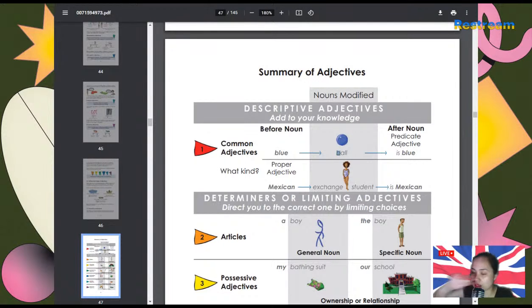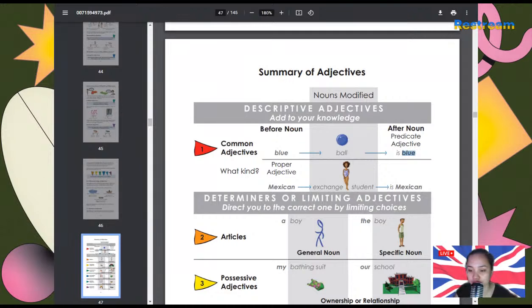When we use the determiners, next to it is a noun. So we put the ball and continue with the predicate adjective. As you can see, when it's a predicate adjective, it starts first with the linking verb, and now we have the predicate adjective blue.